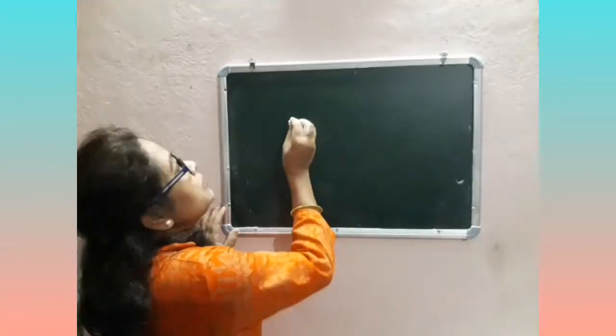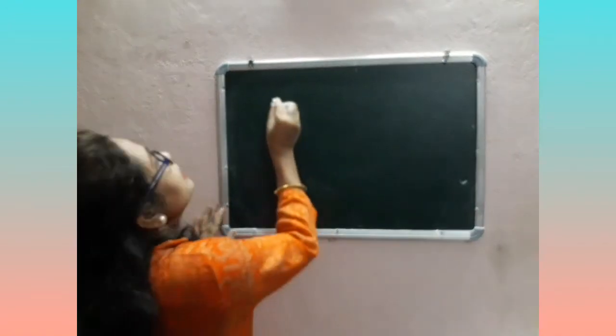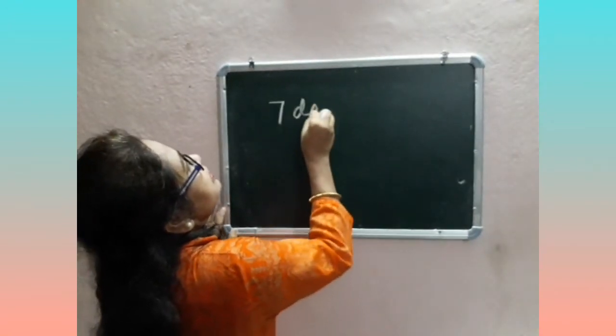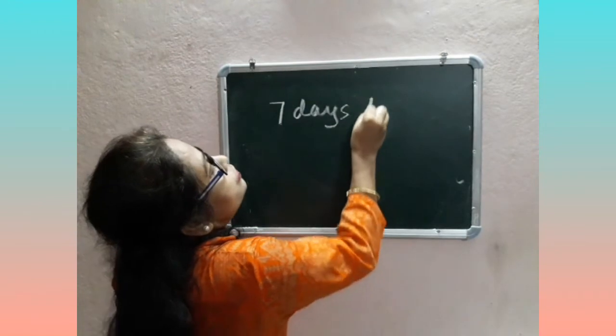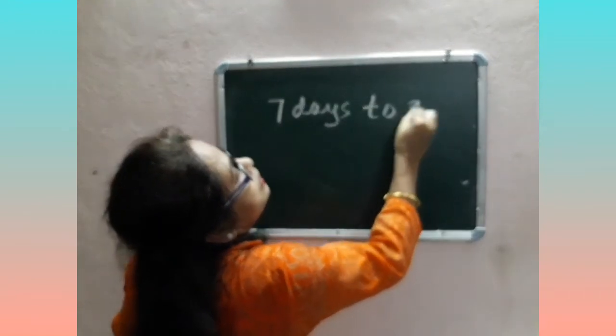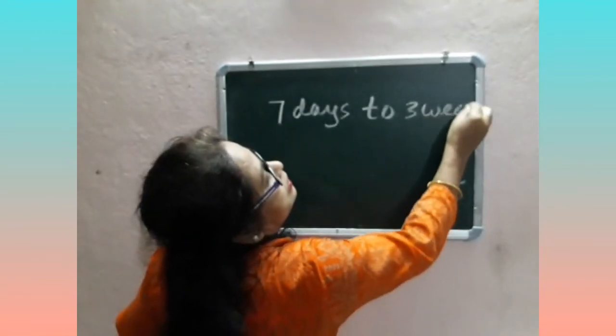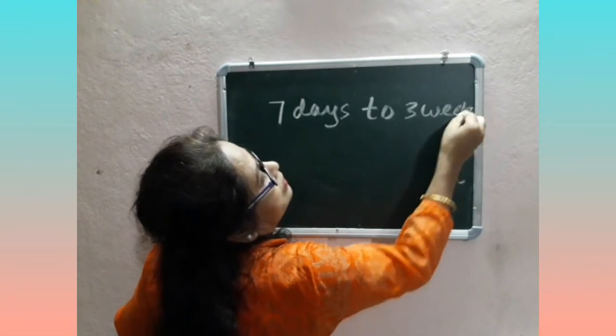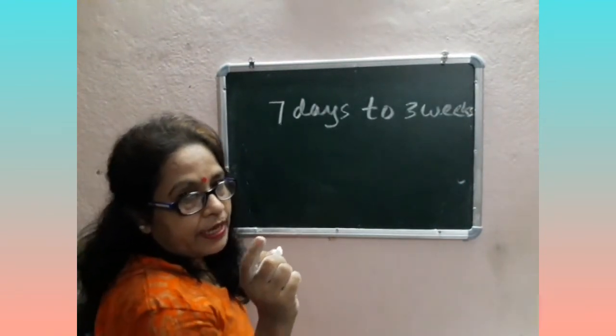Okay, now take an example. 7 days to 3 weeks. Express it as a ratio.